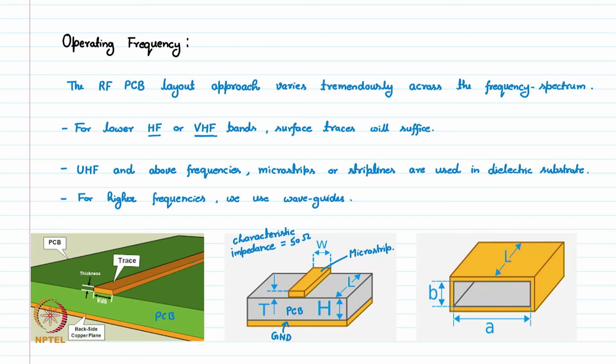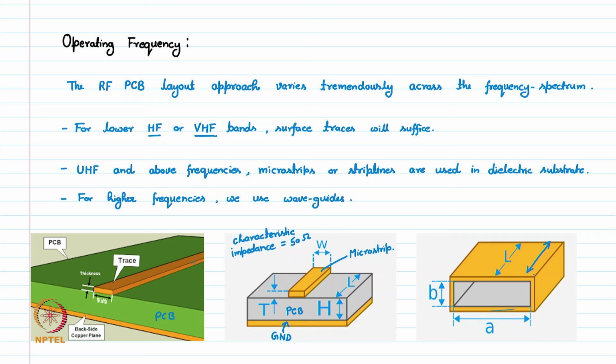The waveguides look something like this. We have the hollow space in between and these boundaries are metallic, and this is like a tube type of structure. This is the length. One side we apply these microwaves and on the other side we receive them and they travel inside these waveguides.